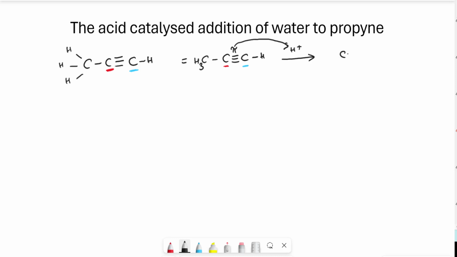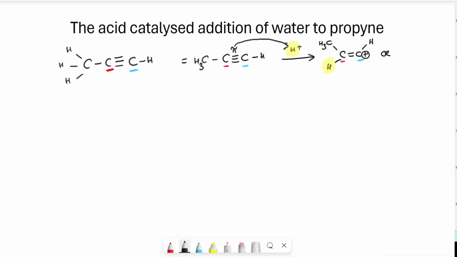I can add maybe this hydrogen here, and I keep this one as it was, so this carbon here, my blue carbon on the right, gets a positive charge because it's a carbon with only 3 bonds. It's a carbocation.